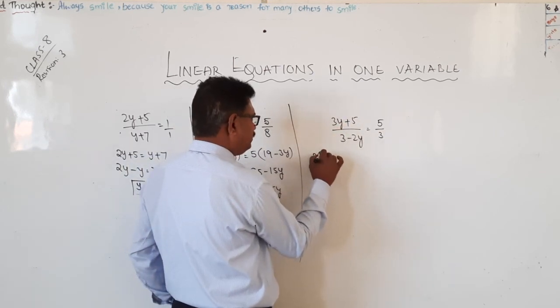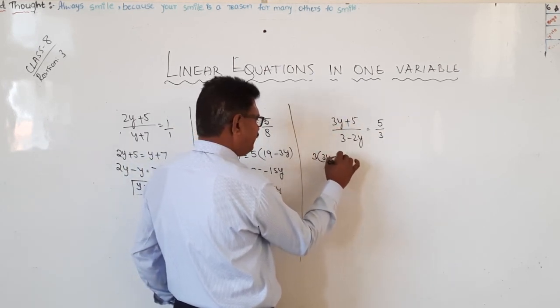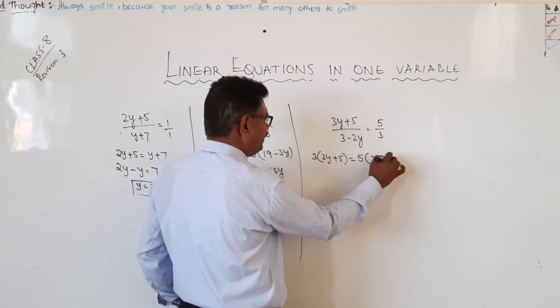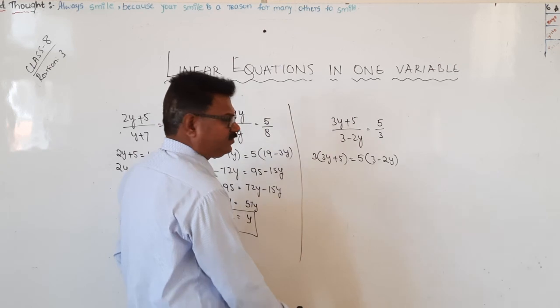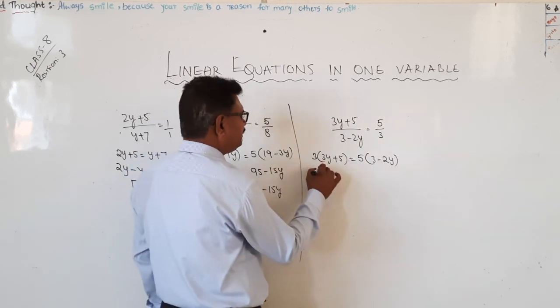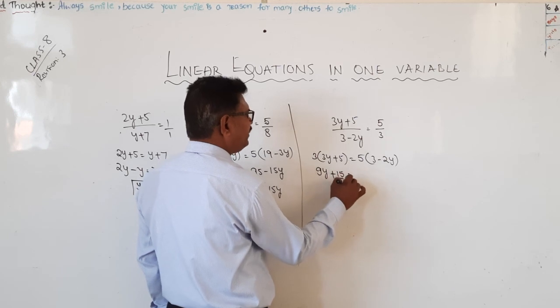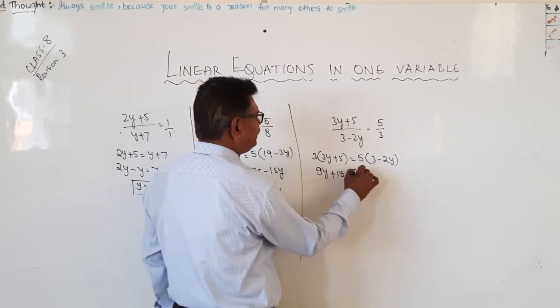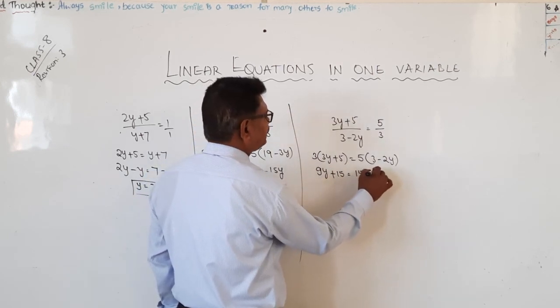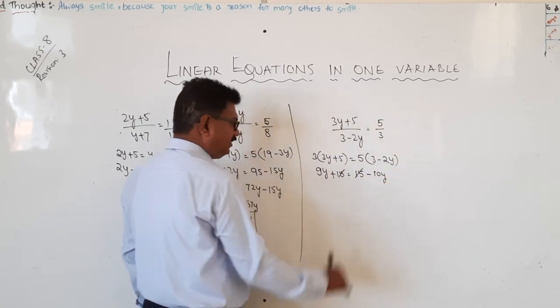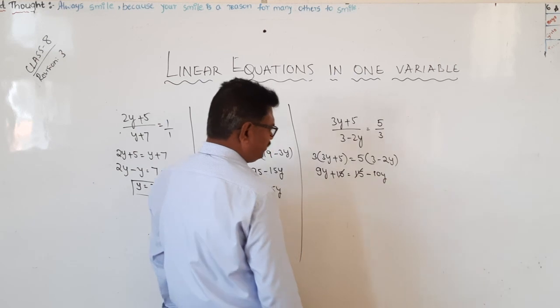3 into (3y plus 5) is equal to 5 into (3 minus 2y). Therefore, what happened? 3 3s are 9y plus 3 5s are 15, equal to 5 3s are 15 minus 5 2s are 10y. 15, 15 cancels.